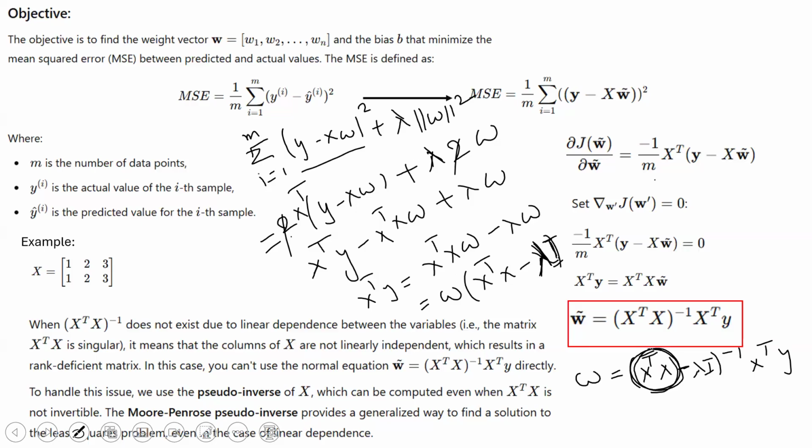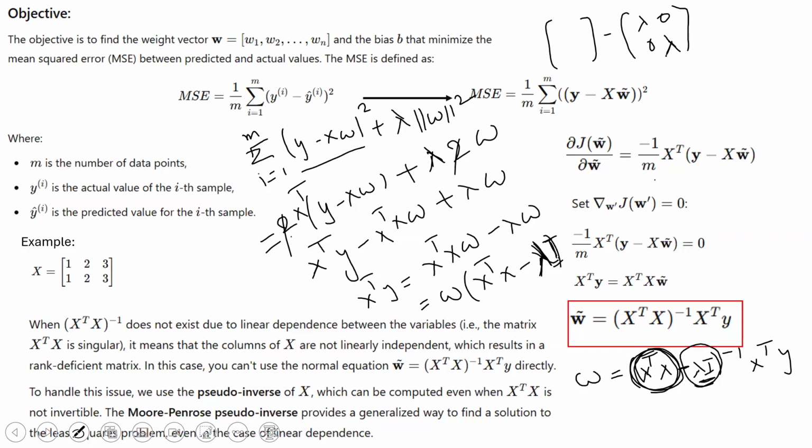When X transpose X is a singular matrix, even though it is singular and you cannot calculate the inverse for this, you're adding this term. So as you're adding lambda on the diagonal to X transpose X, you will always get the inverse of this matrix.